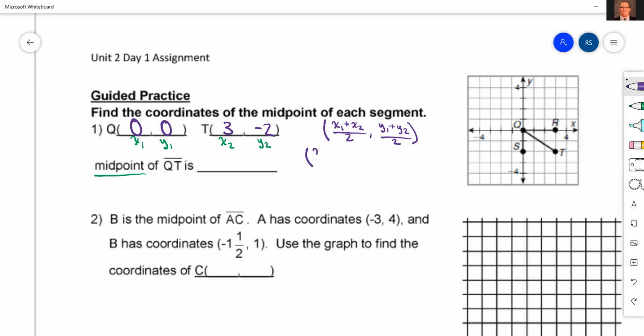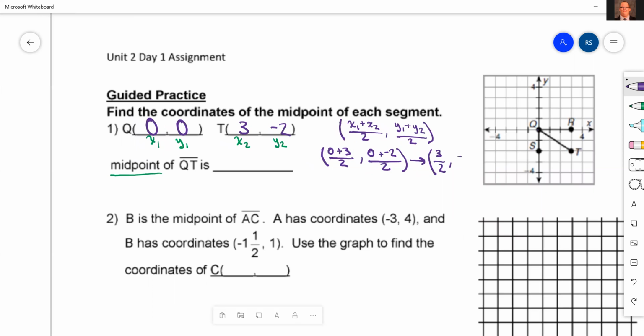x1 is 0 plus 3 divided by 2. y1 is 0 plus negative 2 divided by 2. 0 plus 3 is just 3. 0 plus negative 2 is negative 2.